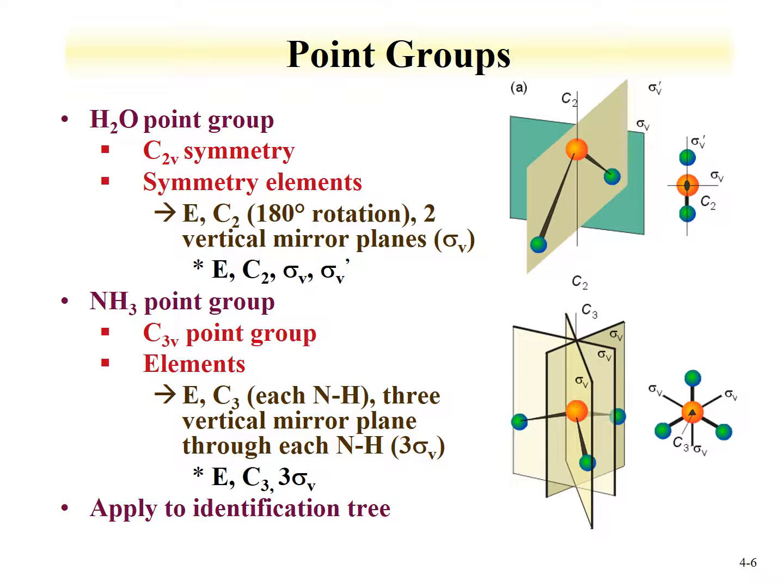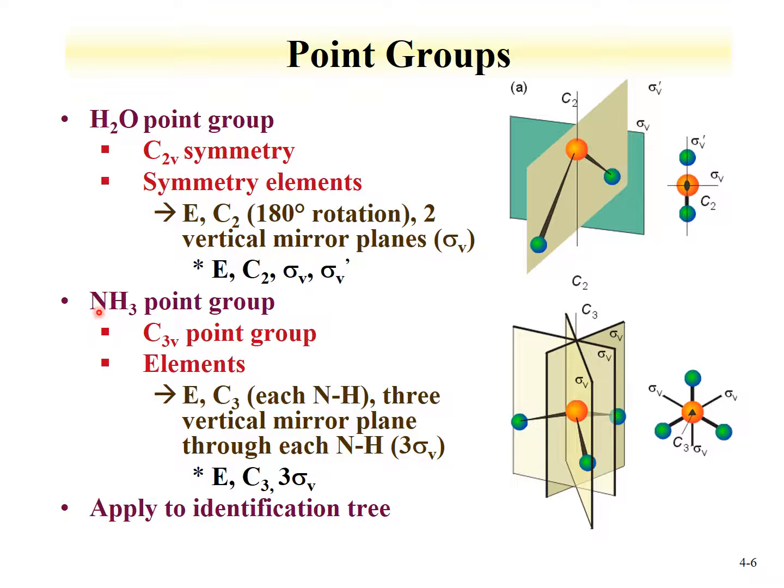There's two other examples on this slide. One is for water, H2O, determining the point group. The answer is that it's a C2v symmetry. And if we see here, there's a C2 axis. There's two vertical mirror planes. If we were to go through the identification tree, we should get to C2v.